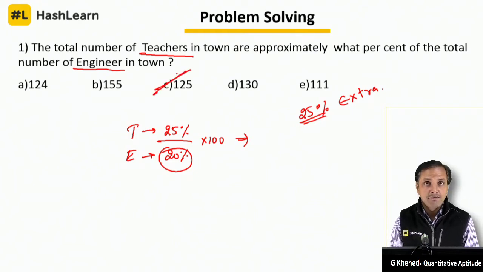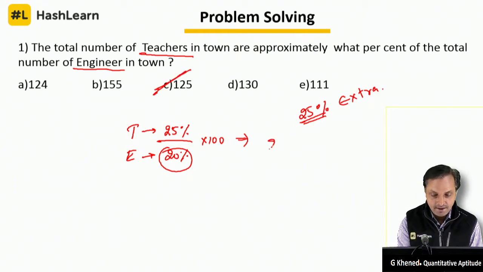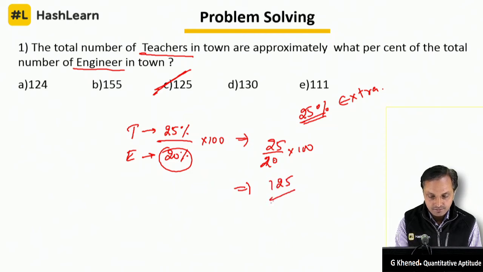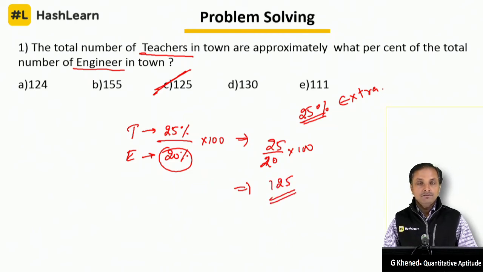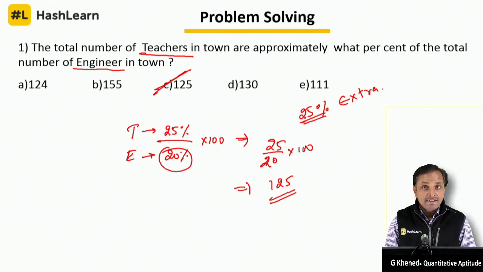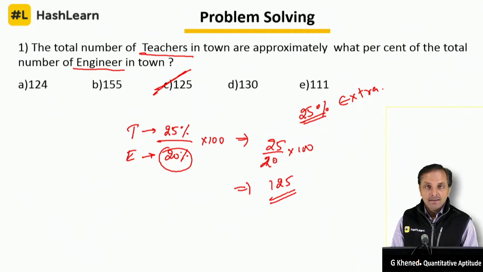That is a logical way of answering. If not, you can just divide 25 by 20 into 100. Is that okay? Is the concept clear? Fine.